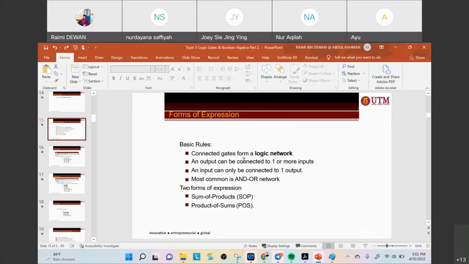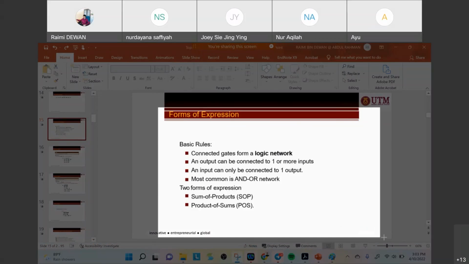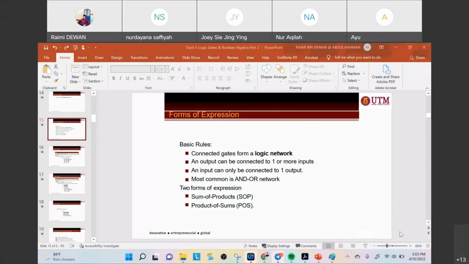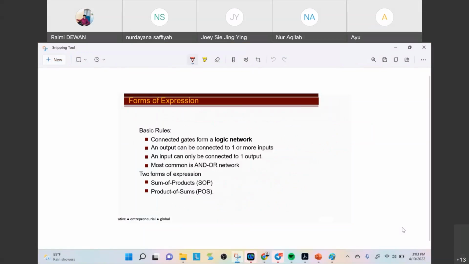And an output can be connected to one or more inputs. So you can only have one output, but it can connect to more than one input.